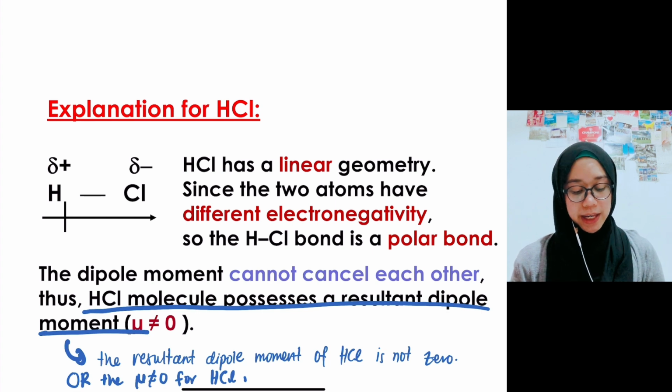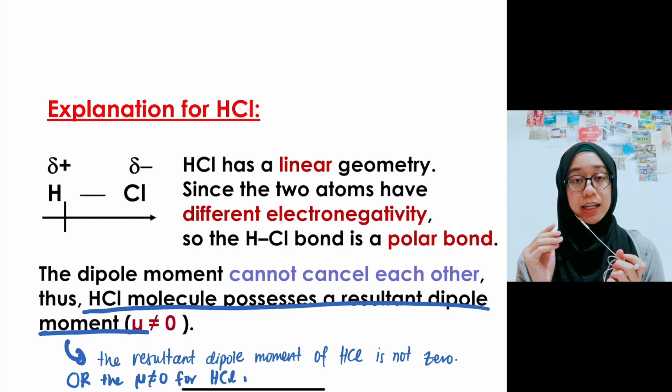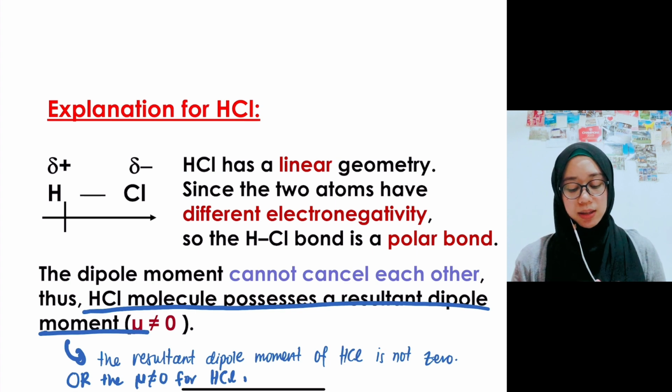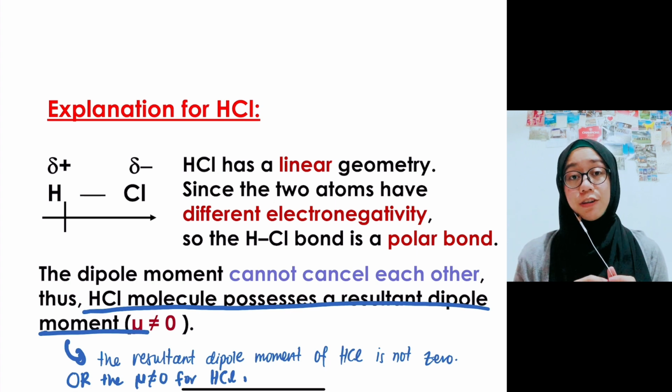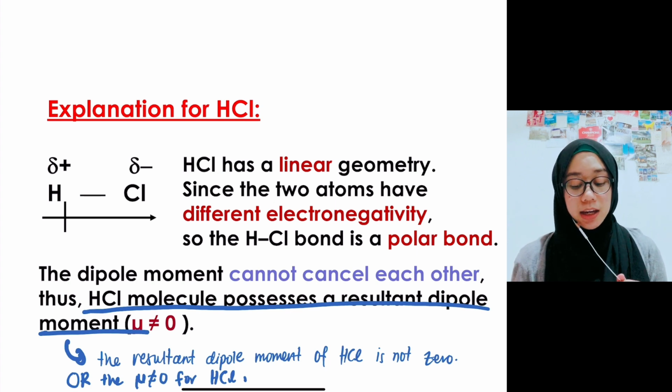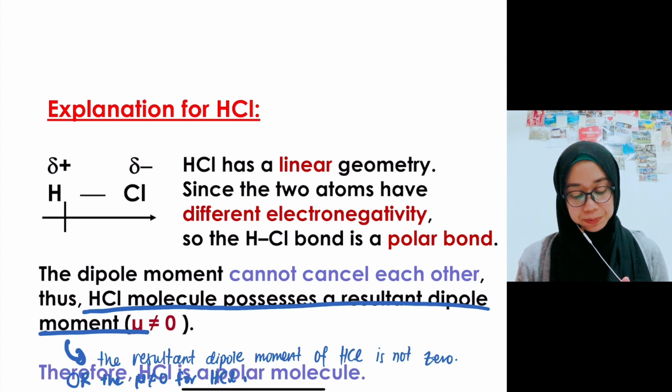Okay, so ayat kat situ boleh jadi yang macam ayat yang dalam dah sedia ada kat situ, ataupun kamu boleh tulis penuh the resultant dipole moment of HCl is not 0, or kamu boleh cakap je the mu does not equal 0 for HCl. Okay, therefore that is why dia adalah a polar molecule.